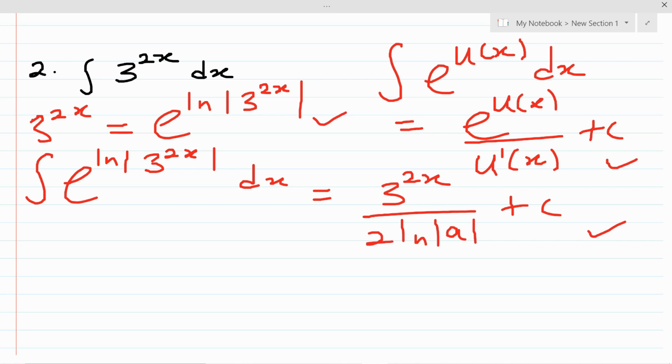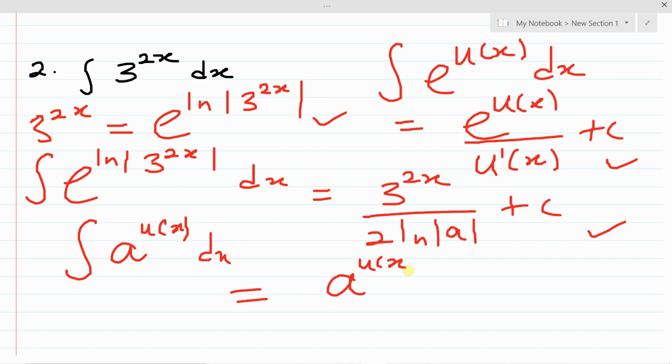But as far as it is a number, you can use this idea that the integral of a to the u of x dx is the same as a to the u of x over u prime of x ln a, plus c.